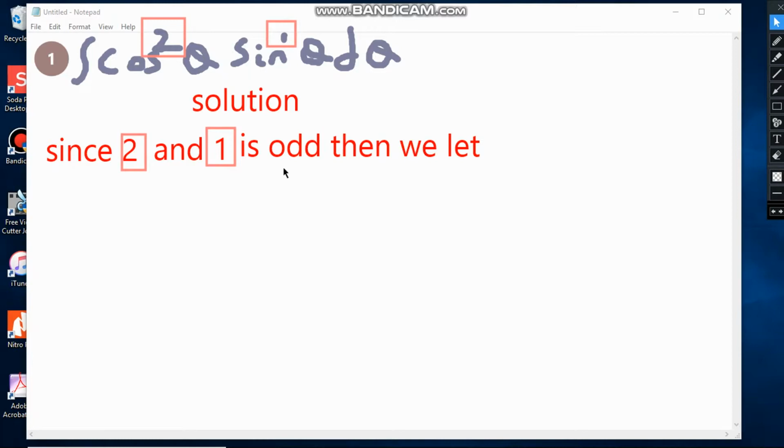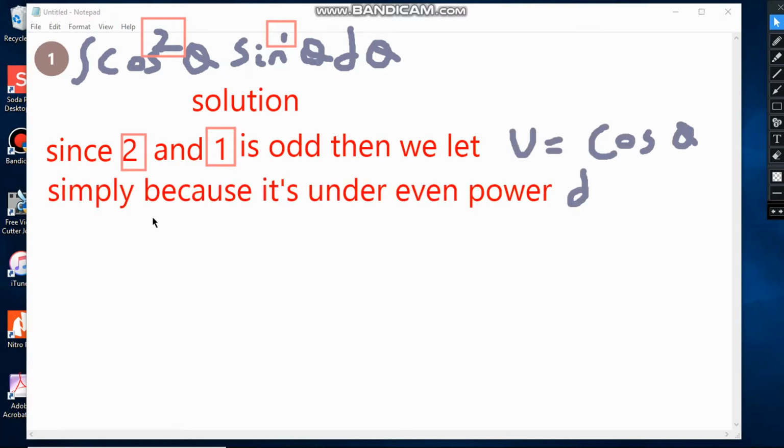So we let u be equal to cos of theta, simply because it's under an even power. Therefore, when we differentiate u with respect to theta, we get du is equal to negative sine of theta d theta.